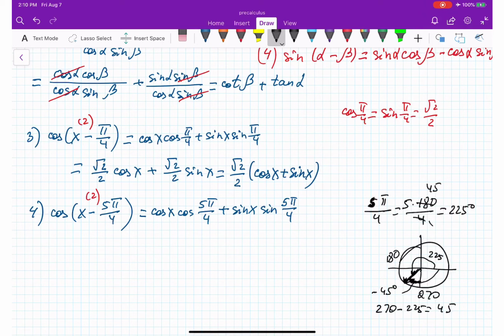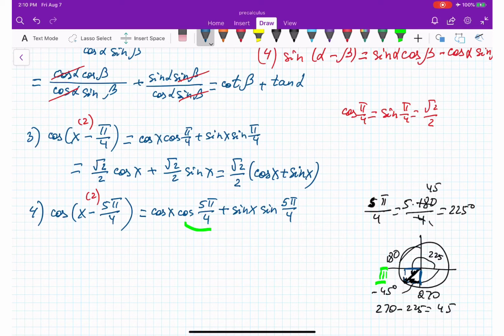Okay, so we are going to get cosine 5 pi over 4. In this third quadrant, cosine is negative, and sine is also negative. So both of them are going to be negative square root 2 over 2, right? Why?